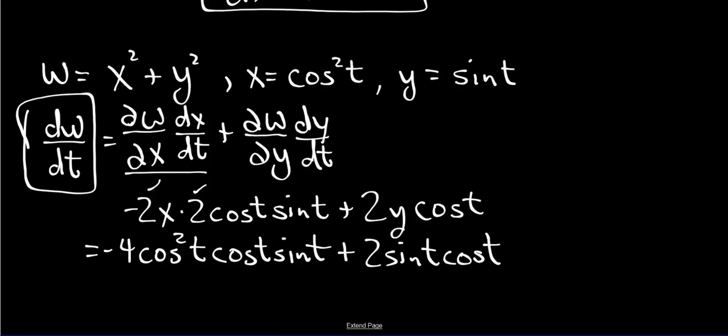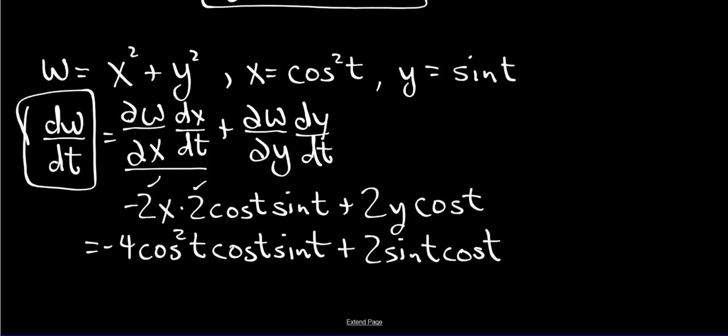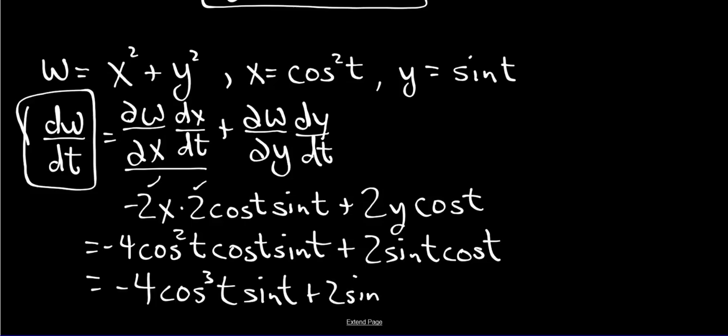Of course, we can clean that up a bit and call this negative 4 cosine cubed t sine t plus 2 sine t cosine t. And we could play around with the trig identities and clean this up a bit, but that is how we find dw/dt.